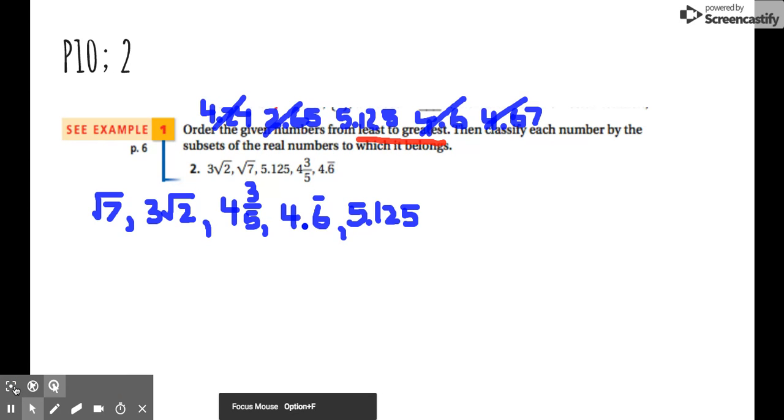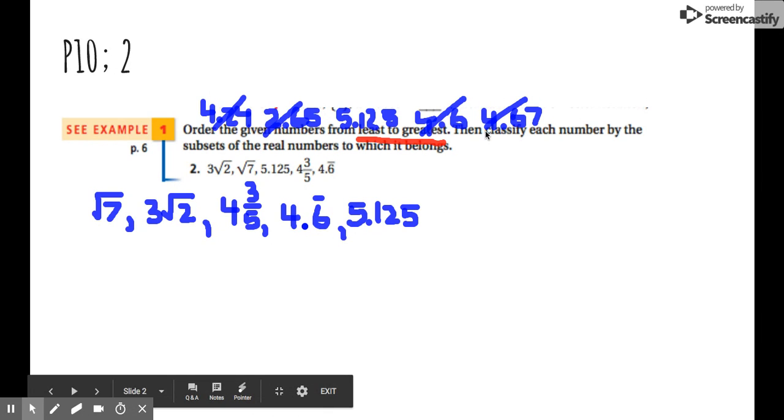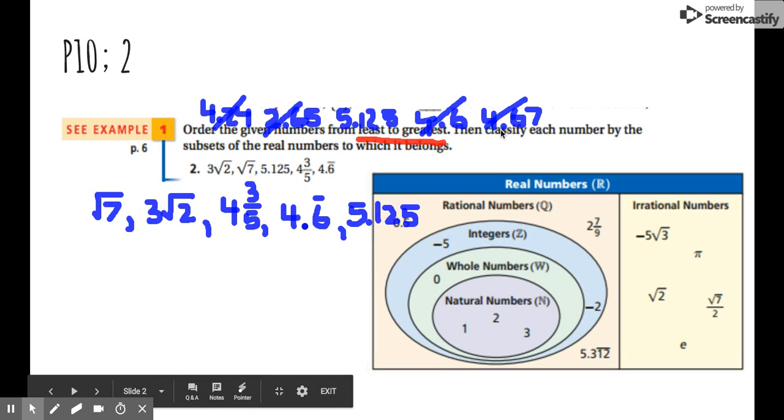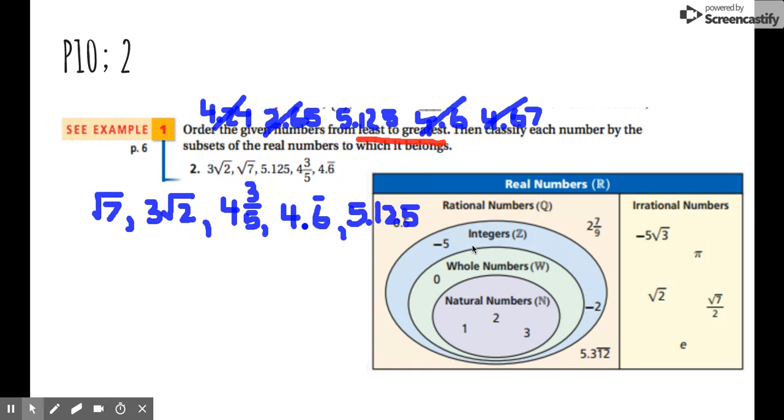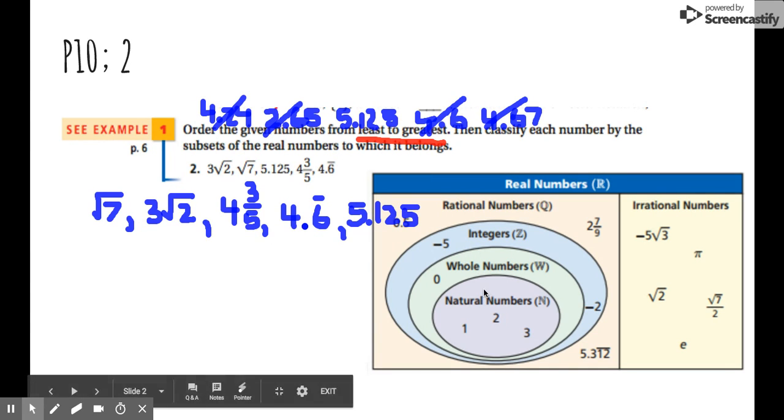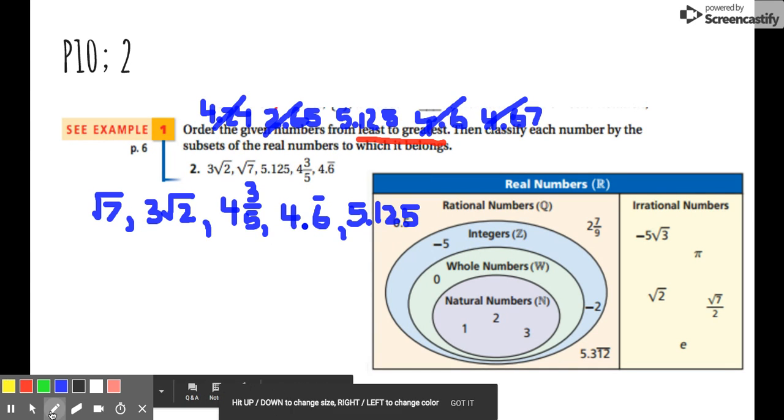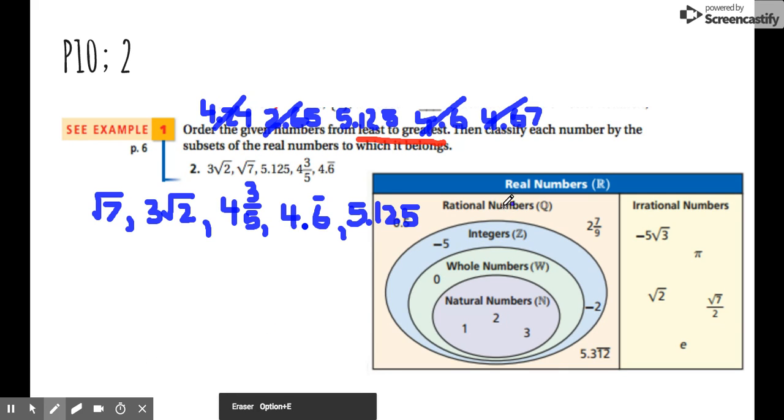And the next thing it asks us to do is to classify each number by subsets. So if I look at my classifications, I have rational numbers, integers, whole numbers, natural numbers, and irrational numbers. So irrational numbers, anything that cannot be put into a fraction.